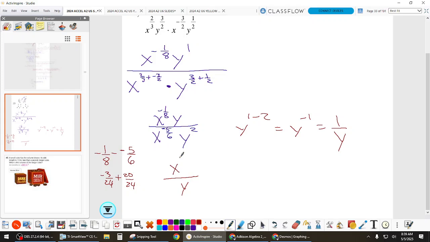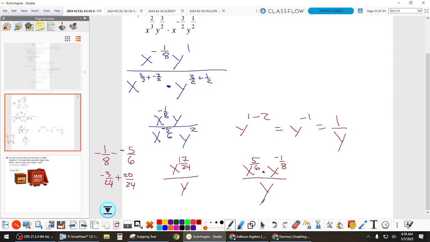So there's your x to the 17/24. Okay, the other thing you could have done is just go ahead and bring this x to the numerator. So it would look like x to the 5/6 times x to the negative 1/8. Or you could flip that one too. I don't know what you want to do, but there's lots of options here. Okay?